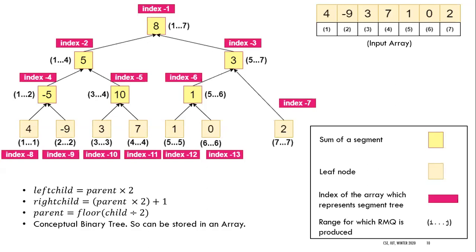That means the mid is 2. So the left segment will have the values from index number begin up to index number mid, that is index number 1 to 2, and the rest of the segment will be index number mid plus 1 until end, that is 3 until 4.